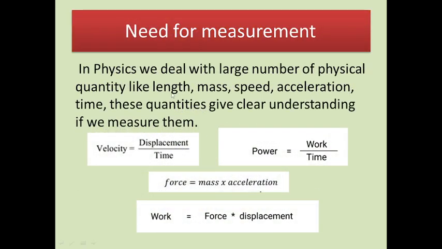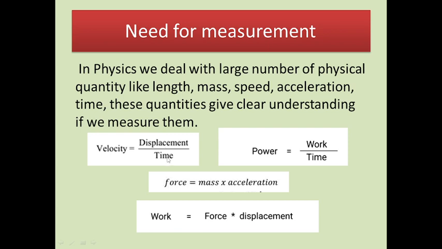So what is the need for measurement? Why do we have to measure things? In physics, we deal with a large number of physical quantities like length, mass, speed, acceleration, time. These quantities give a clear understanding if we measure them. Like velocity: if we want to calculate the velocity or speed of a given object, then measurement is required.